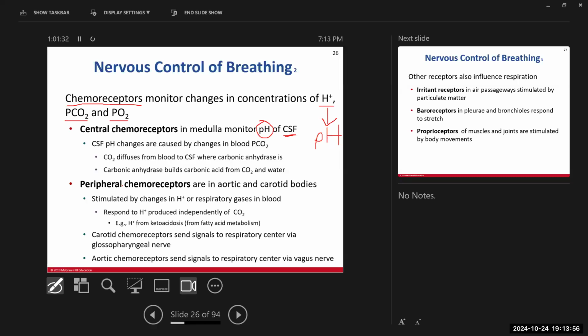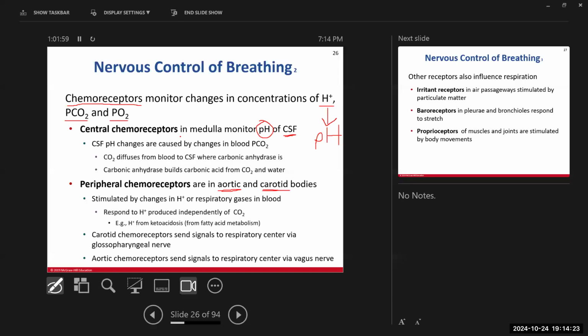And then obviously the other type is the peripheral chemoreceptors. They're going to be monitoring the stuff that's out in the periphery, our blood, but specifically the blood that passes by the aorta and in your carotid arteries there. I'll get more into specifics there, right? So central is going to be CSF. Peripheral is going to be blood in the carotid bodies and in the aorta.